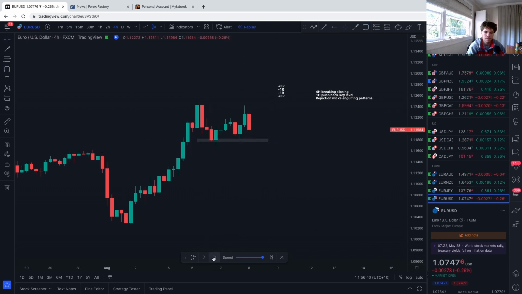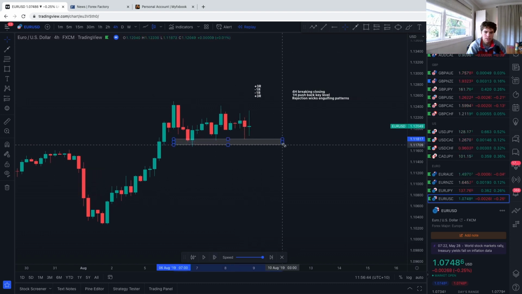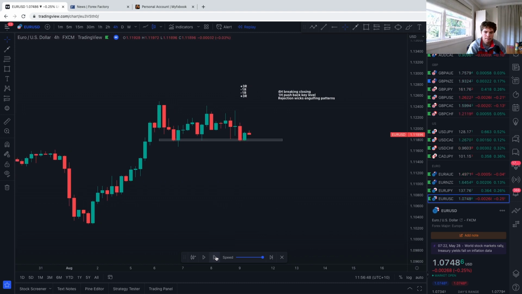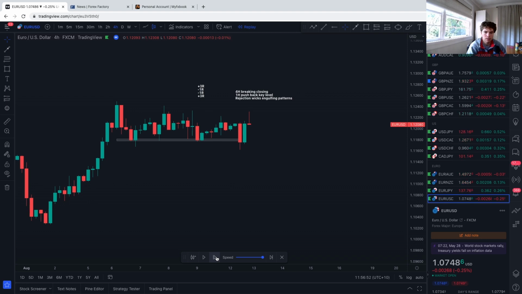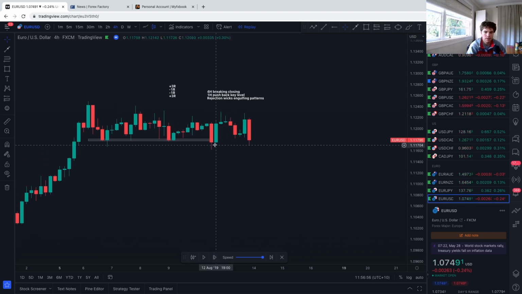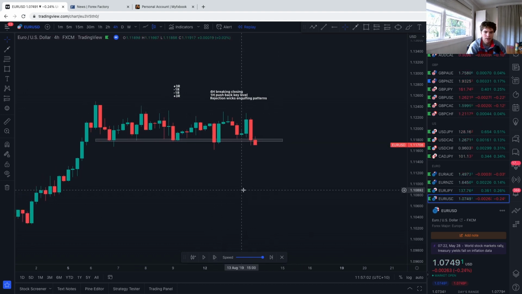No. Big consolidation. Let's just wait for a breakout. Come on. Wow. Very big consolidation. There we go. Okay, we got a break.